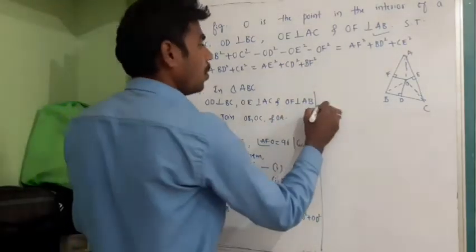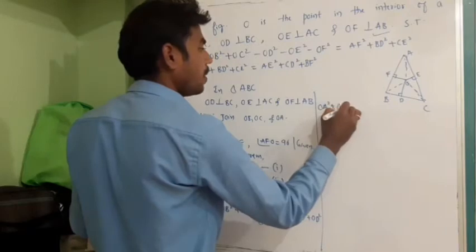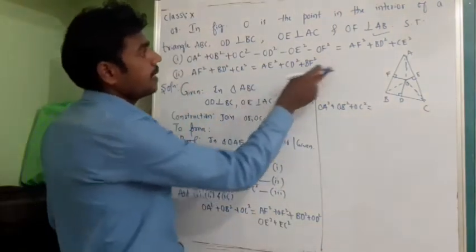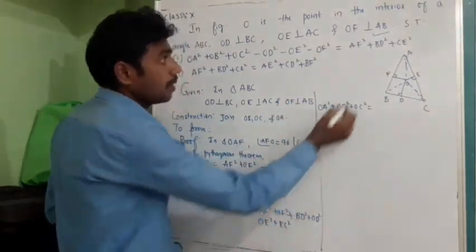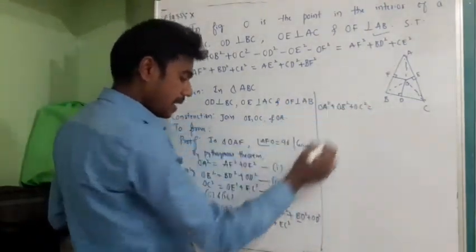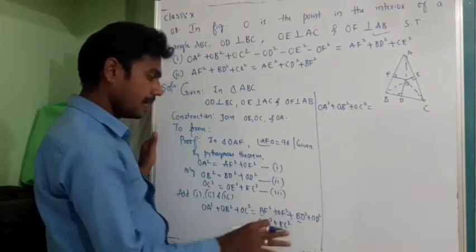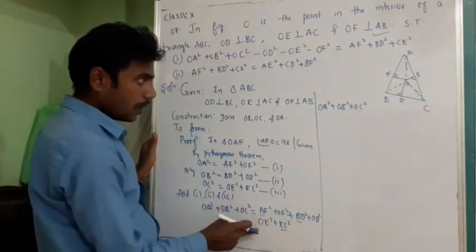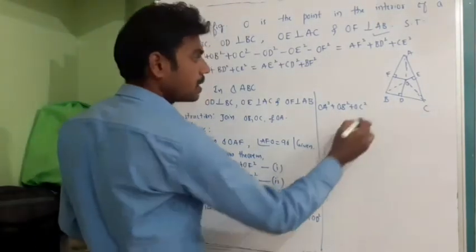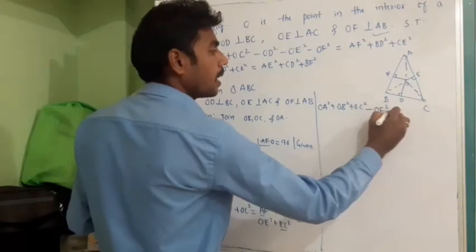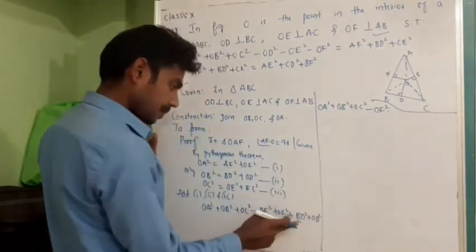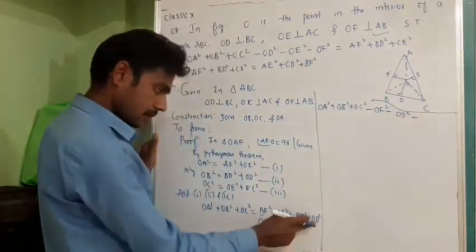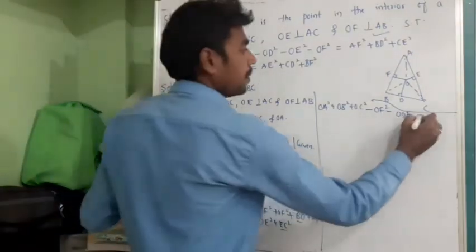Fine. So I'll continue here. Therefore, OA square plus OB square plus OC square is equal to, what I need on this side, AF square, BD square, and EC square. I'll retain that, the rest I'll transfer to the left hand side. So minus OF square, minus OD square, minus OE square.